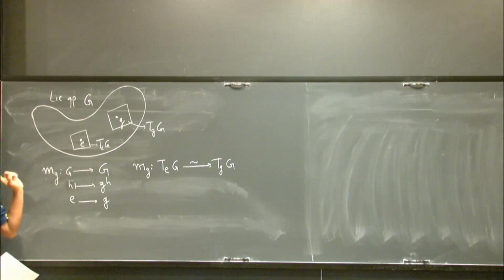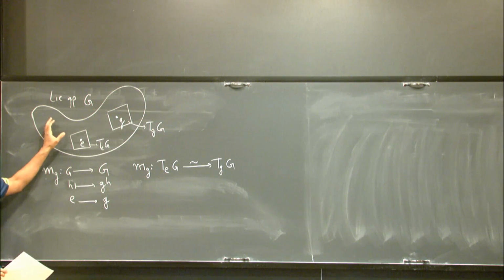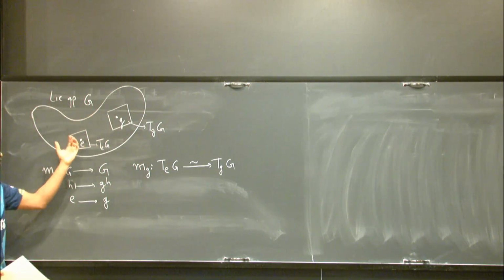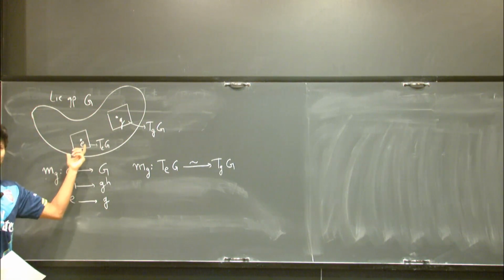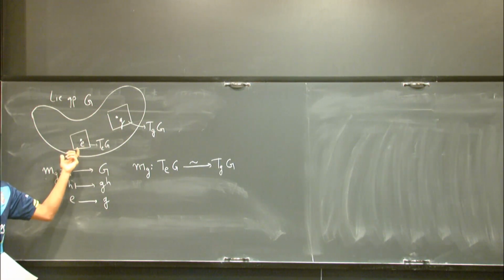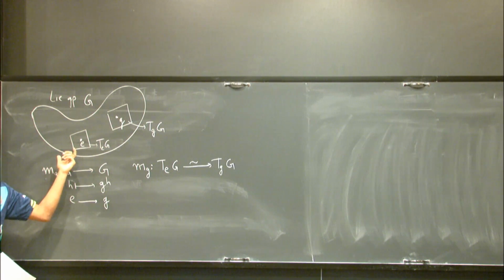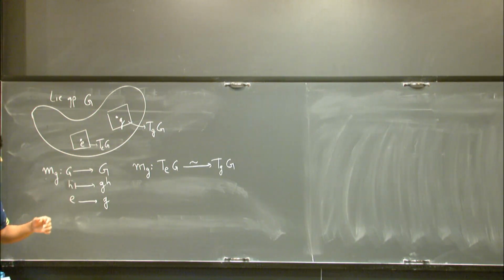So what is nice about this group is that it is a manifold, but somehow you're able to identify tangent spaces at every point with the tangent space at identity. The word that usually represents this feature is homogeneous. It looks the same all over.